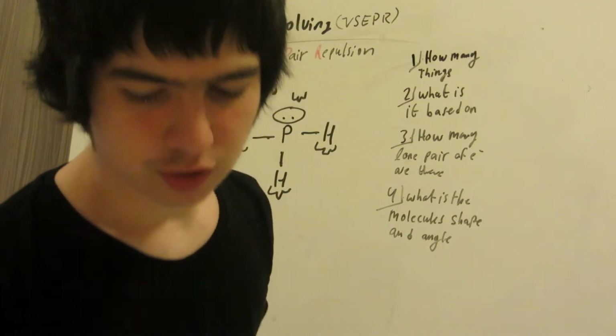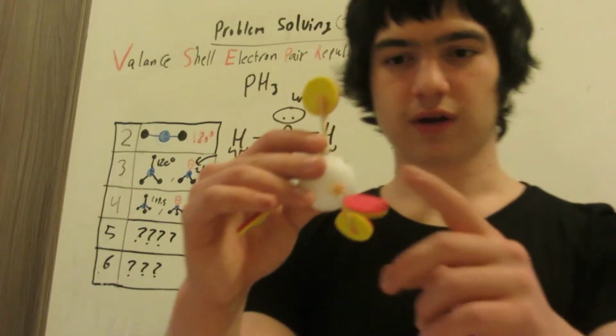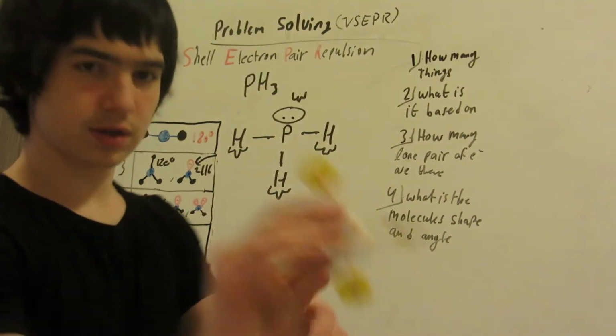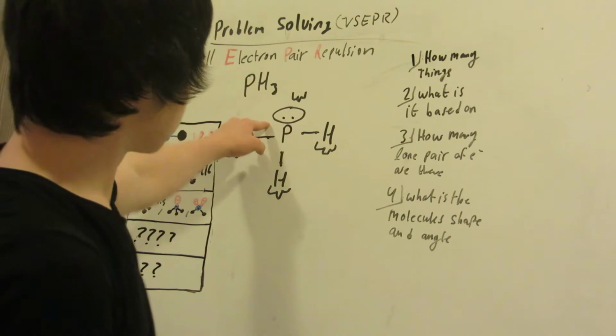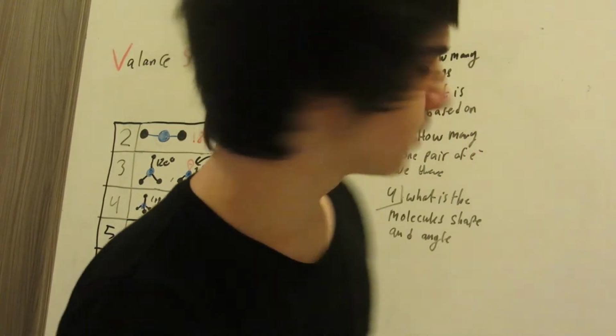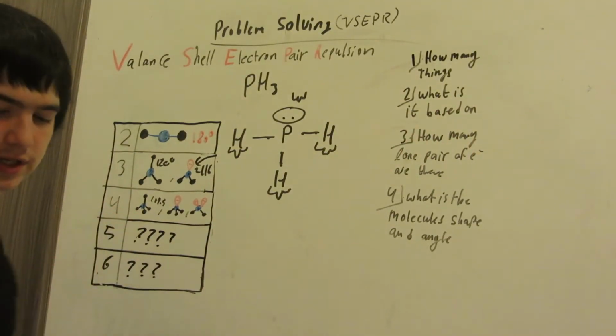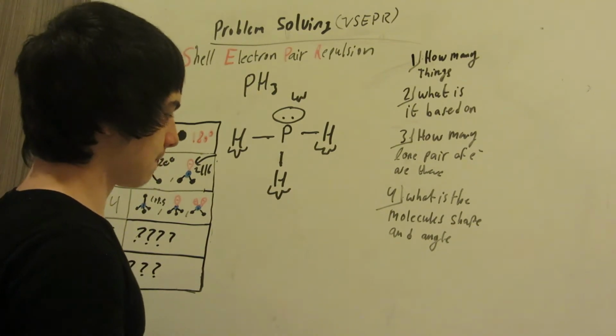So at the end, you're going to have a shape which looks like this. We have 1 hydrogen, 2 hydrogens, 3 hydrogens, and the lone pair of electrons is going to be as if it's one atom, so it will be up here. So it will have that shape. And what is it? You're right, tetrahedral.